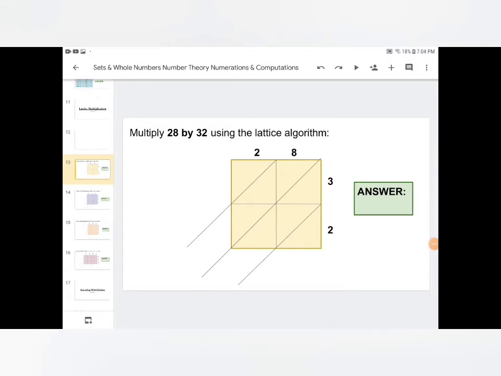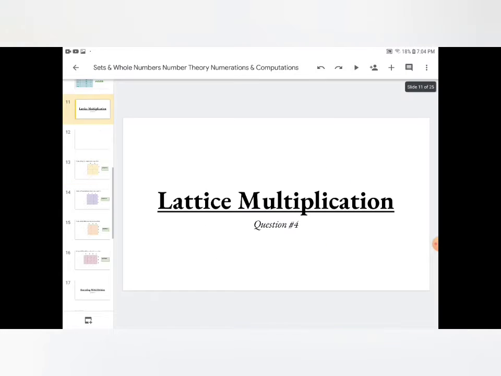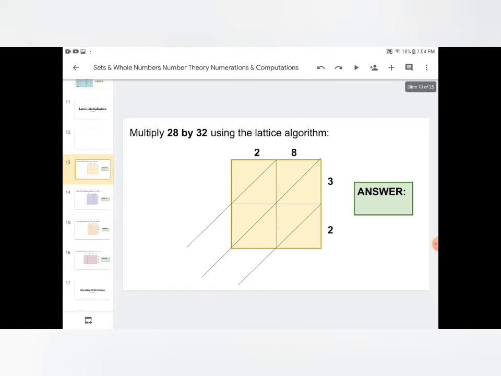All right, now let's begin with our first problem in question number 4. Our problem that we're given is to multiply 28 by 32 using the lattice algorithm, which is basically what I just went over, except this is going to be a neater, not quite as messy problem.